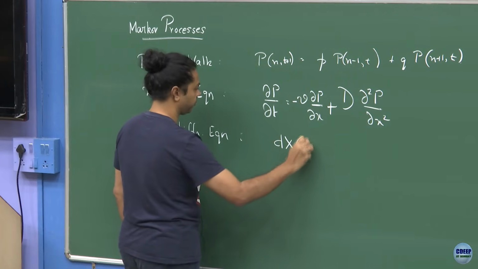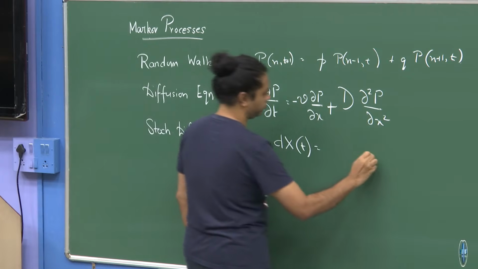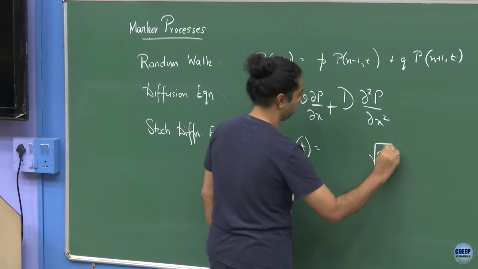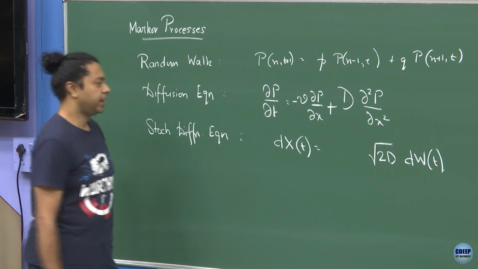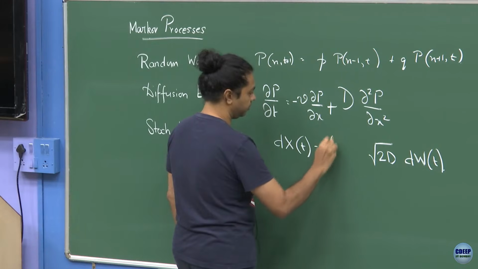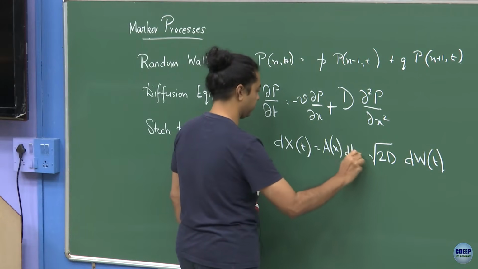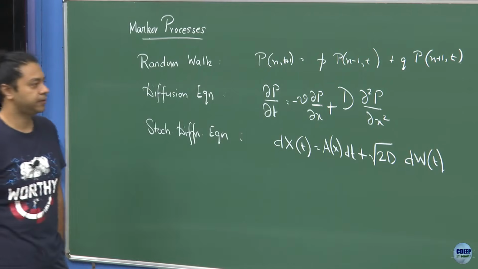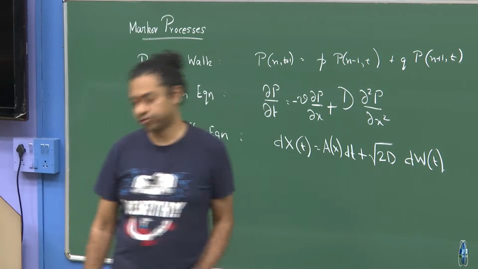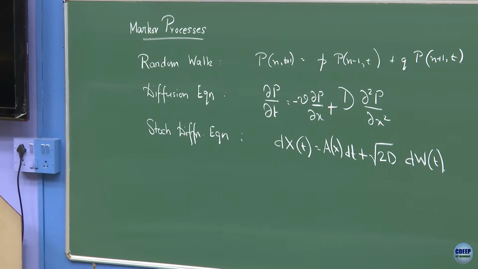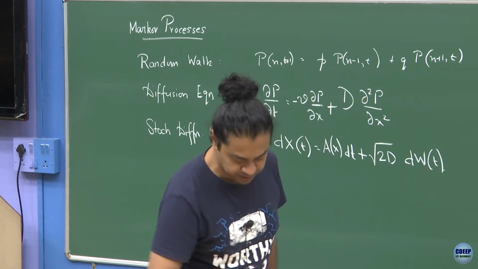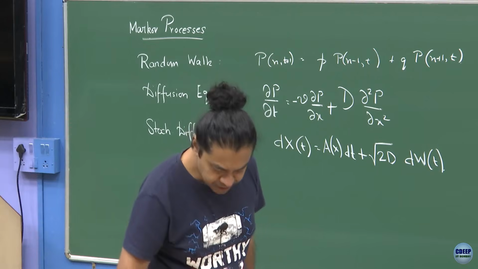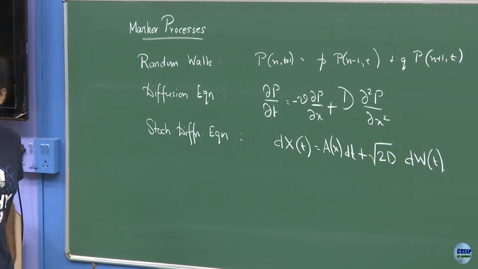So, dx of t was square root of 2D dW, the Wiener process, and if I have some deterministic component, then a(x) dt, where this dW goes as square root of dt. So, in a sense, this is the one stochastic process that we have looked at for so long, half a semester almost, and looked at its various manifestations and applications.